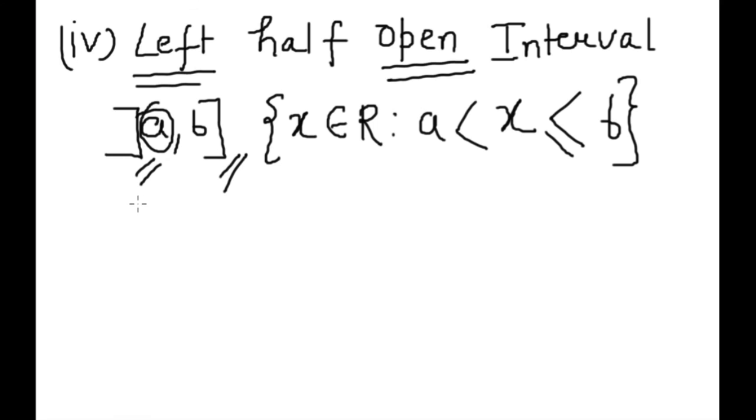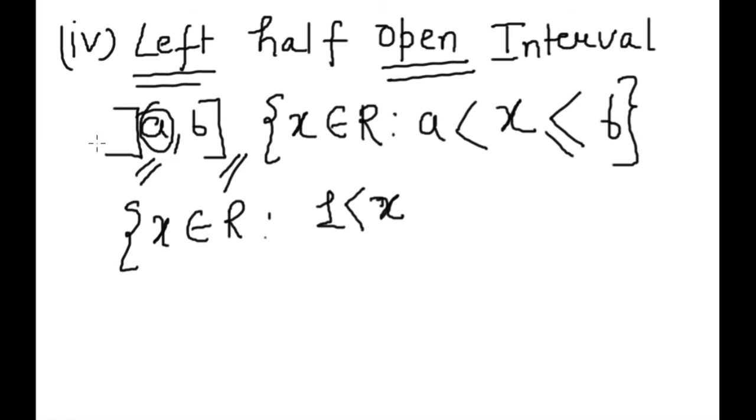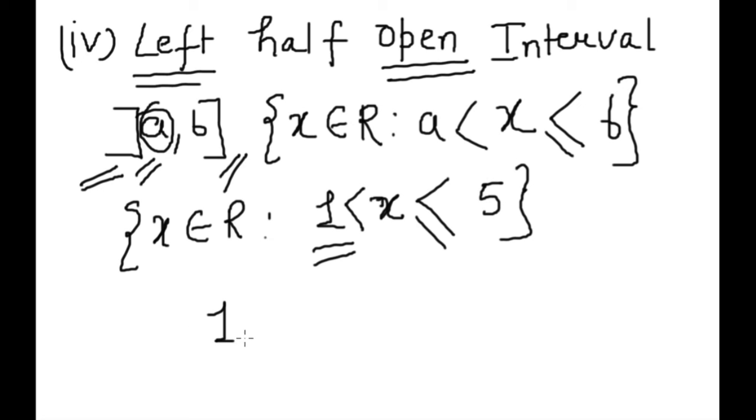Now we will see the example. x is an element of R such that x is greater than 1 but not equal to, because this is open from the left side, and less than or equal to 5. Now we will write this as (1, 5].